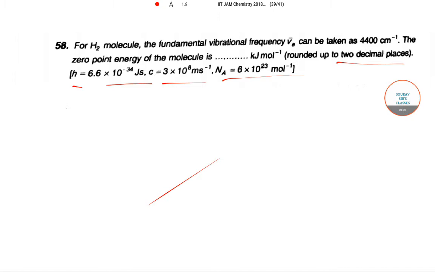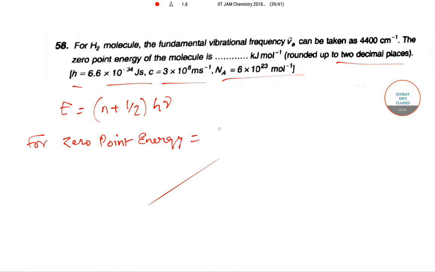So we know that E equals n plus half into h nu. So for zero point energy, E will be equal to half into h nu.